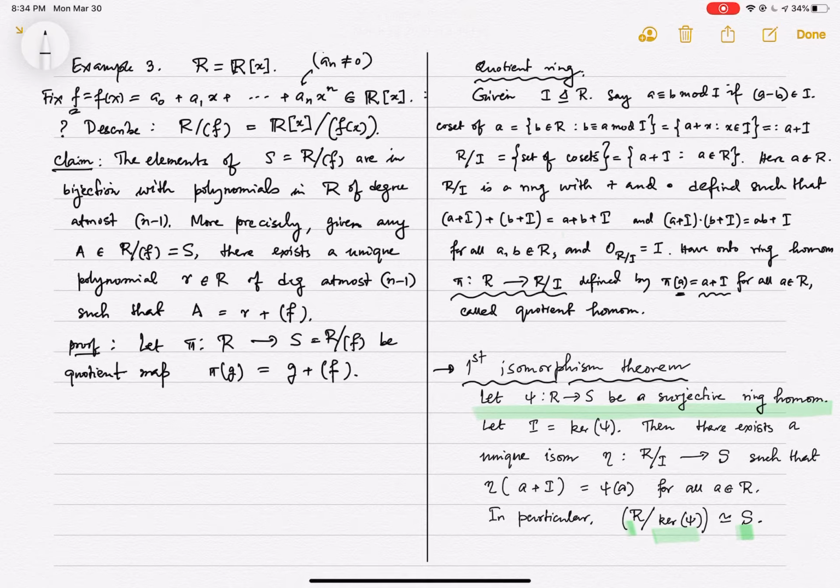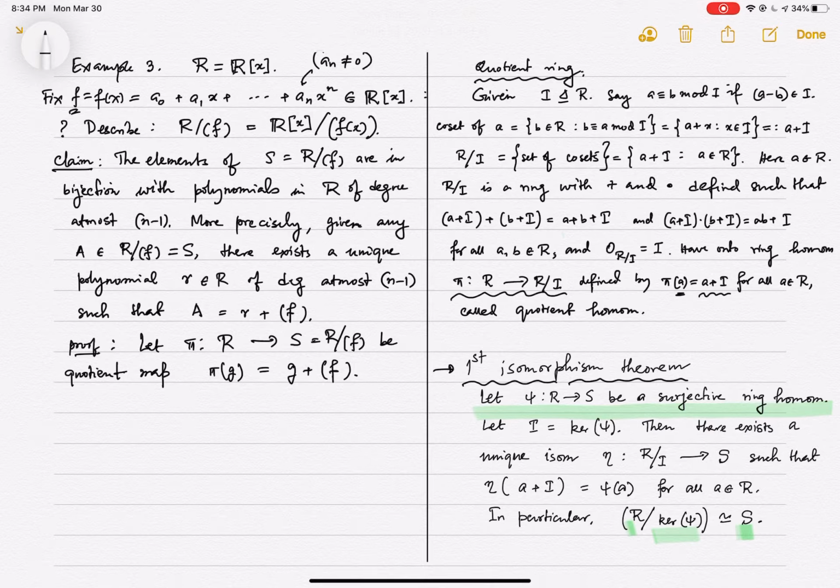I want to know that everything on the right hand side looks like R plus F, where R actually has degree less than or equal to n minus 1, and that this representation is unique. Okay.